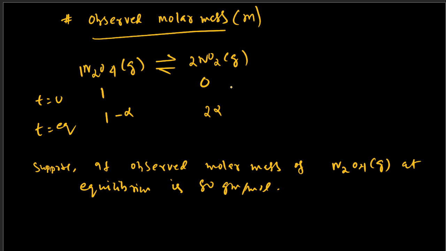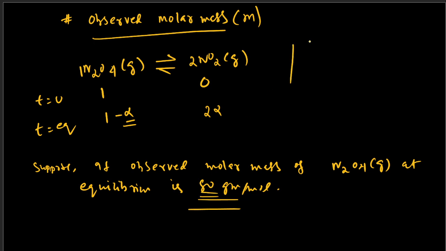It means that at equilibrium the observed molar mass is 80 gram per mole. At T equal to equilibrium, alpha of the N2O4 has already been consumed, so it is not the real mass, because at T equal to 0 it has the real mass. We cannot get the real mass; we get a mixture of N2O4 and NO2 gas. So this 80 gram is not the real gram.